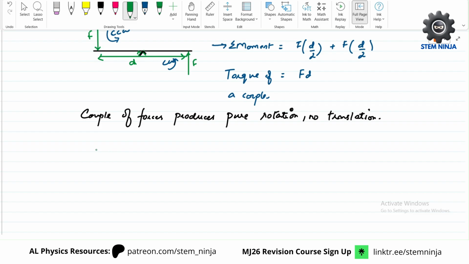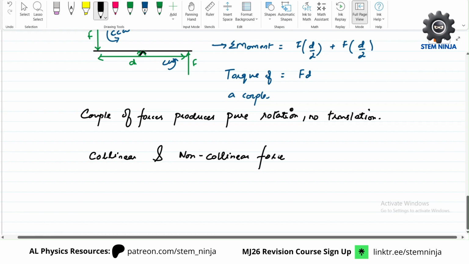So when we have a sum of forces, there's a concept called collinear and non-collinear forces, or vectors, basically.